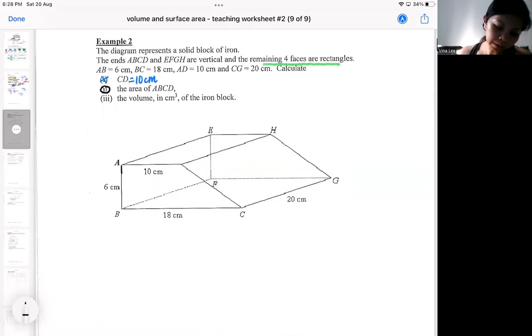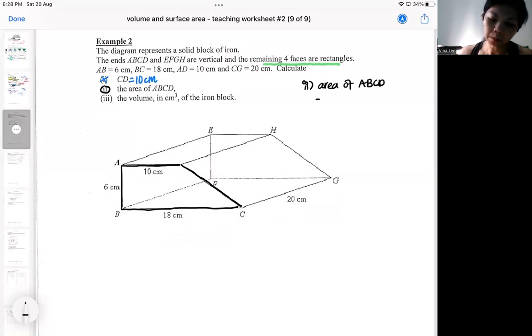The area of this. So that is a trapezium. So we apply the formula of a trapezium. So you can choose to write out the formula so that you can be guided.